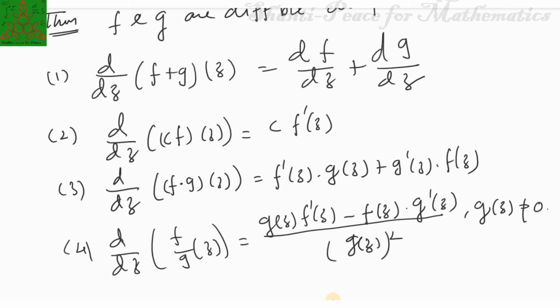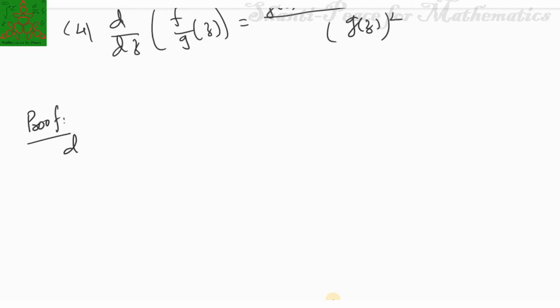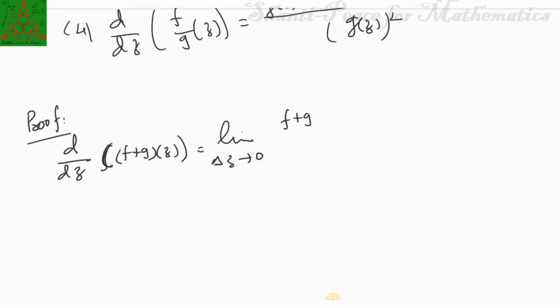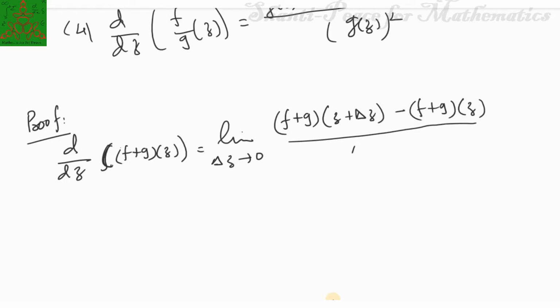So let us try to prove the statements. Proof: d by dz of f plus g at z gives you limit delta z tends to 0. As per the definition, we'll have f plus g at z plus delta z minus f plus g at z upon delta z.